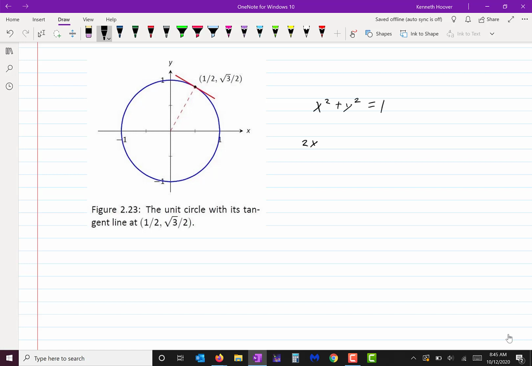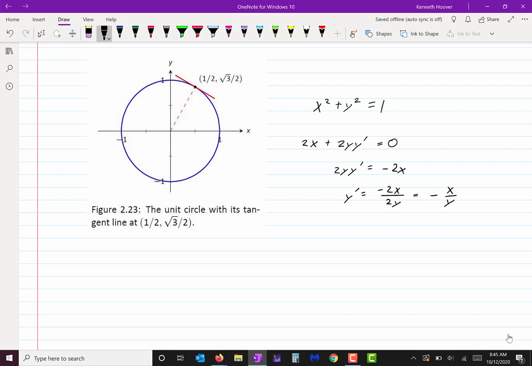We get 2x plus 2y y prime equals 0. So 2y y prime equals negative 2x. So y prime is negative 2x divided by 2y, which is just negative x over y.